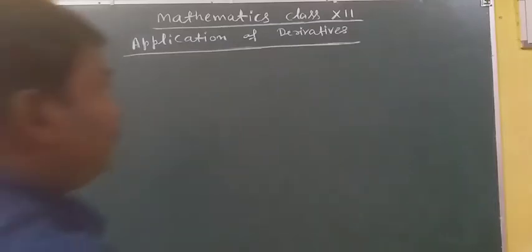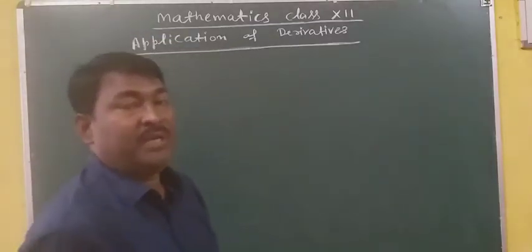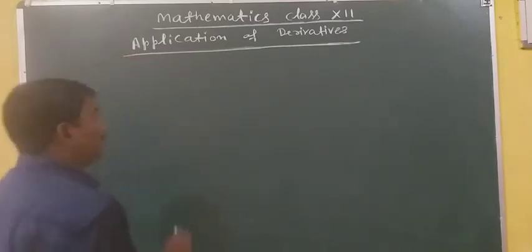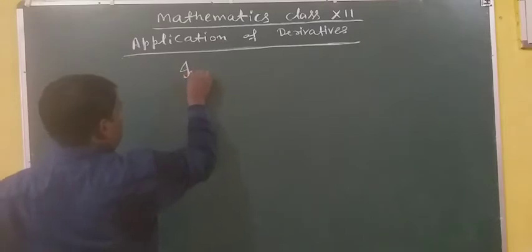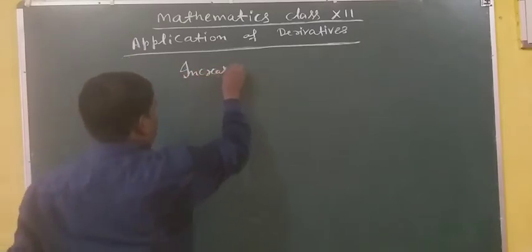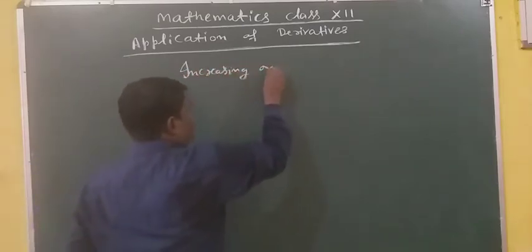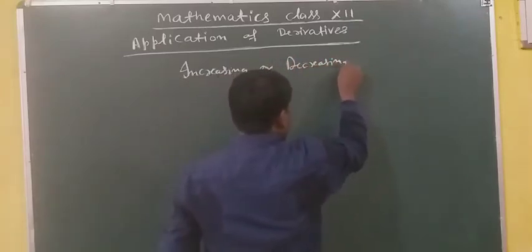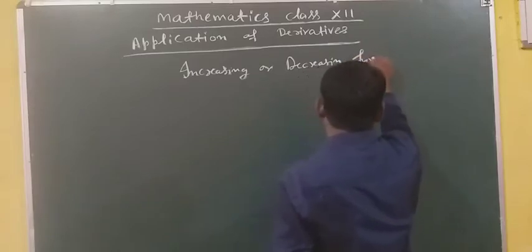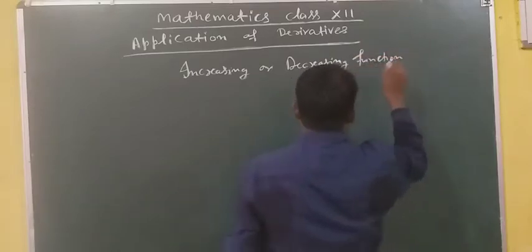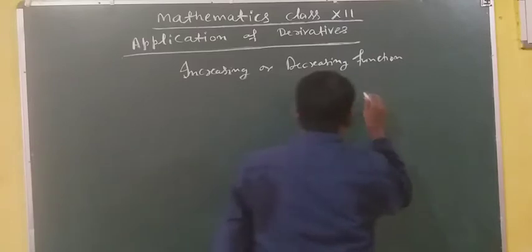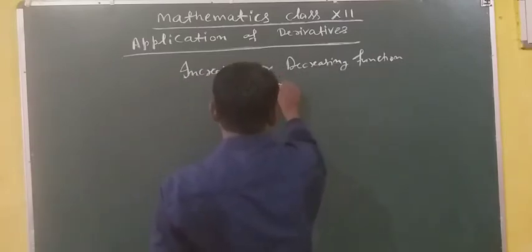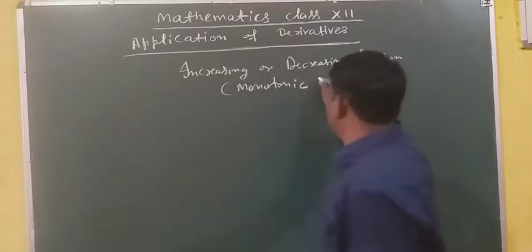Good morning, students. Today I am going to explain another exercise of application of derivatives, that is increasing or decreasing function, or in a common word we call it a monotonic function.